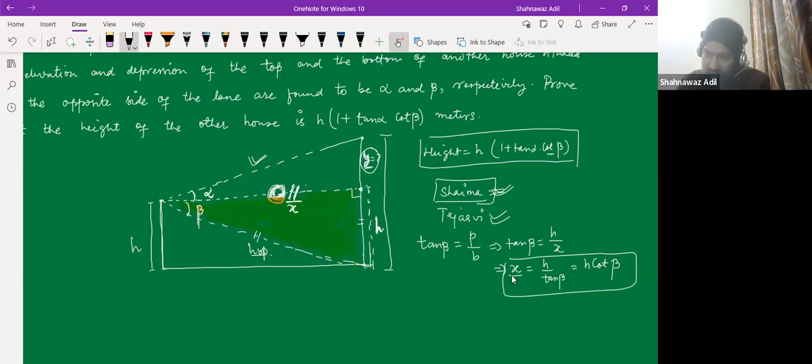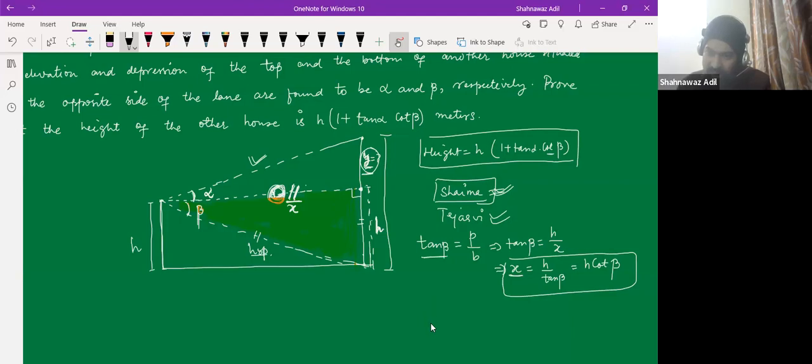So now we have found this x, and this relates alpha with this y. So again we have this perpendicular, this base, and this angle. So what relates perpendicular and base? Amar? Yes, again tan theta, right?